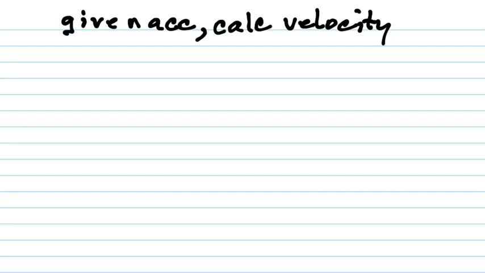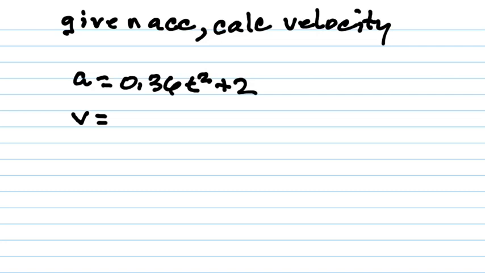So for example, a snowboarder begins to move down a slope with an acceleration given by A equals 0.36 t squared plus 2. Calculate the velocity of the snowboarder after 5 seconds. Okay? Well, I can't use the A formula to do that. I have to change that to V, which simply means I have to anti-differentiate.